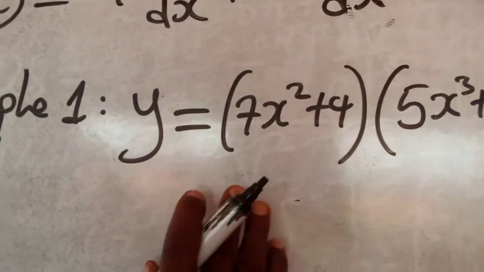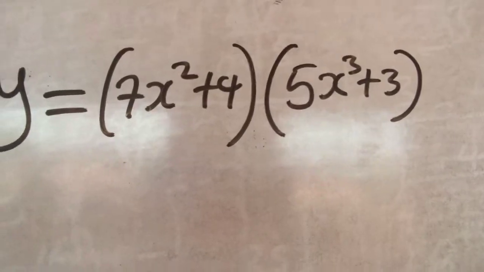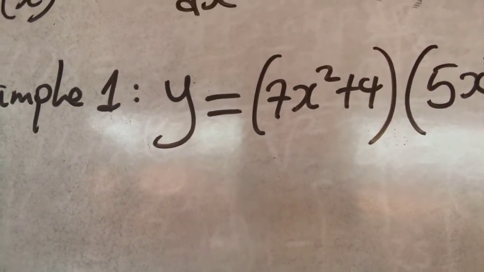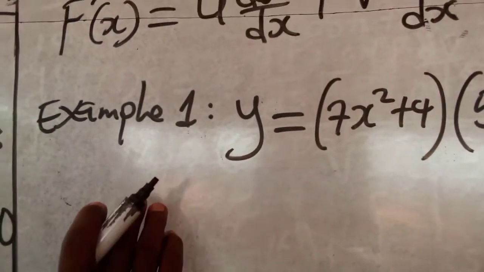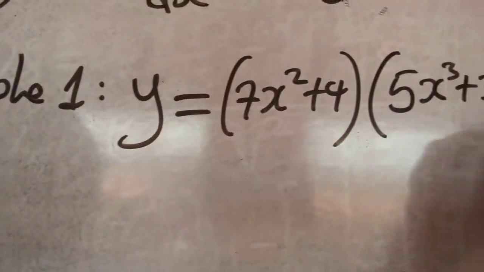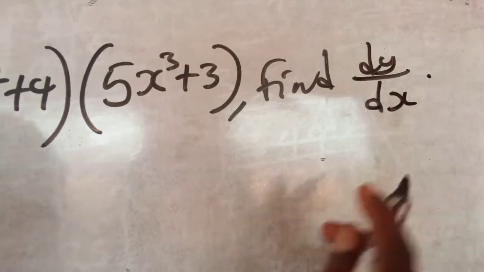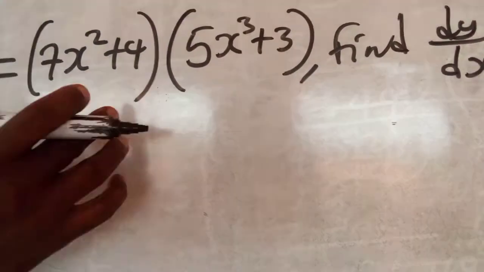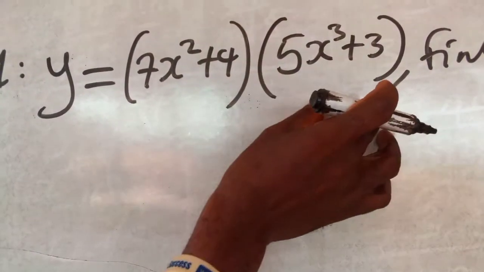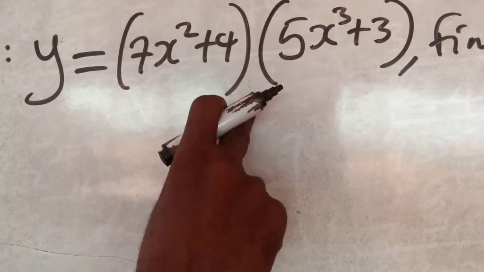If you watch now, you have two functions of s multiplying each other. If they ask you to differentiate, because y is there, then I say find dy over ds. So this is a product. Once you have two brackets multiplying each other, it means it is a product.